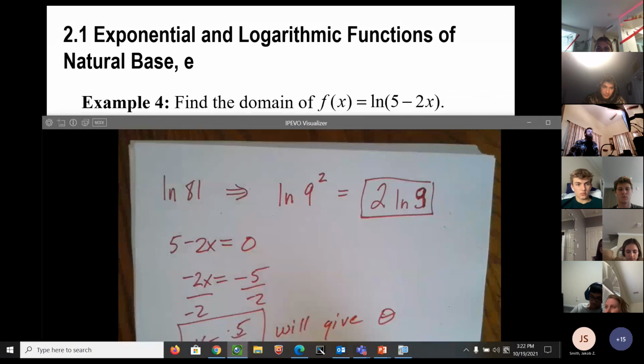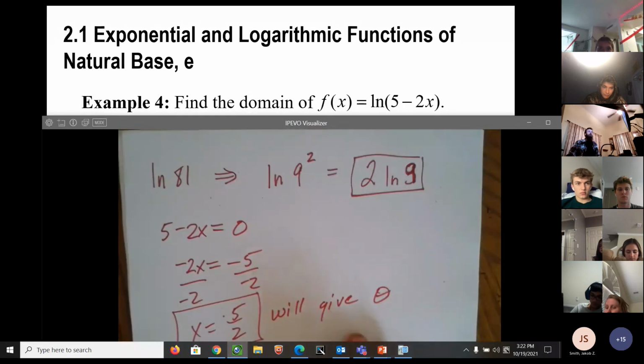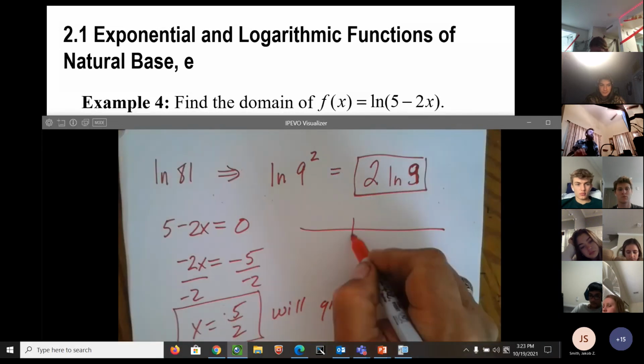And you can take the natural log of 0, but you can't take the natural log of a negative. So what's going to give you a negative? Anything bigger than what? Anything bigger than 5 halves, probably. Let's see. Here's a number line. Here's 5 halves.